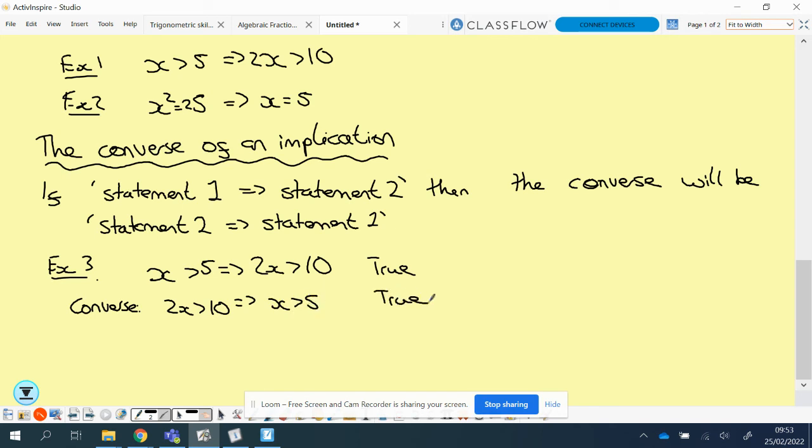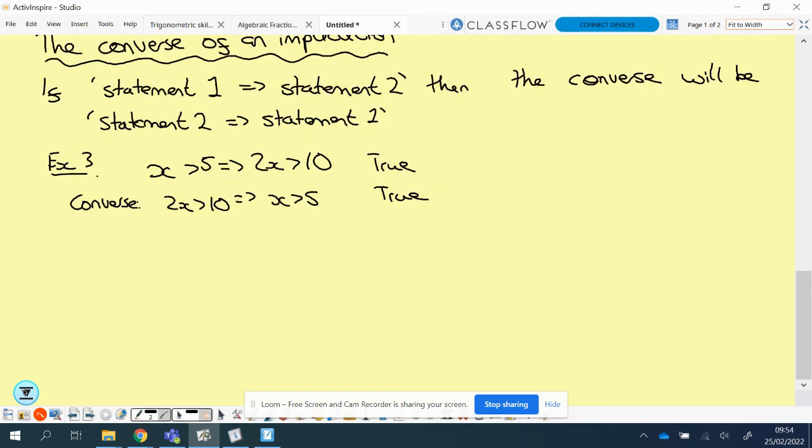That's also true. For example 4, the statement was that if x squared equals 25, then x equals 5.